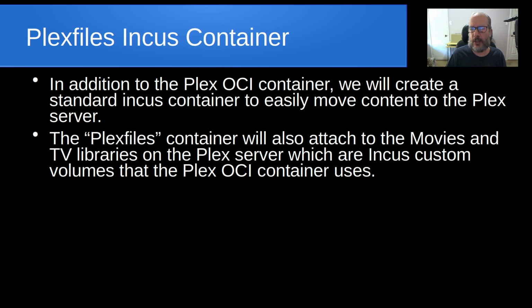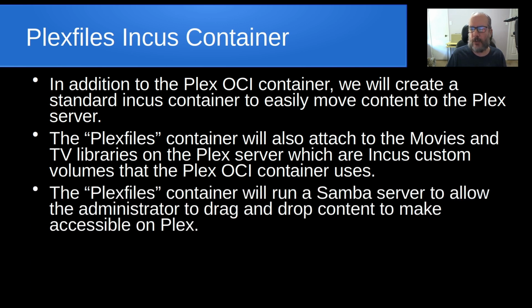The Plex Files container will also attach to the movies and TV libraries volumes on the Plex server, and that way we'll be able to move data to them. The Plex Files container will run a Samba server to allow the administrator to drag and drop content which they can make accessible on Plex.